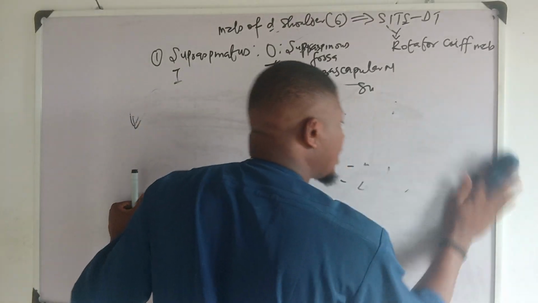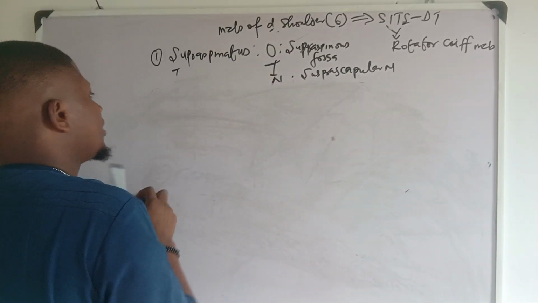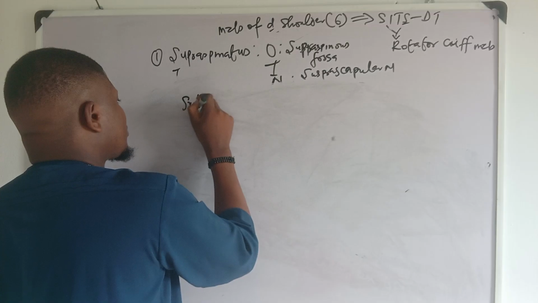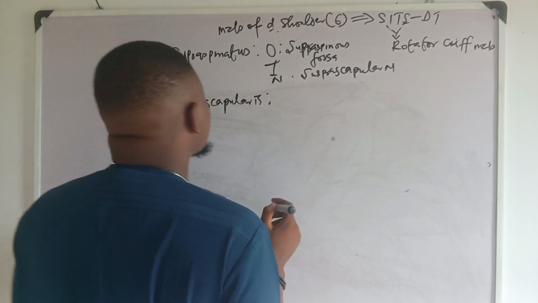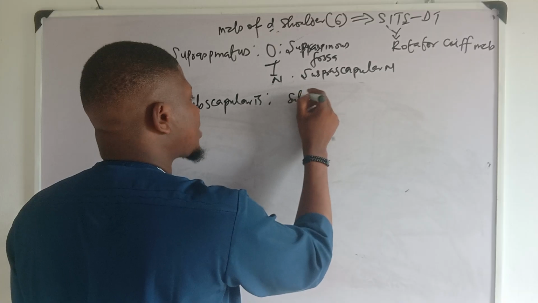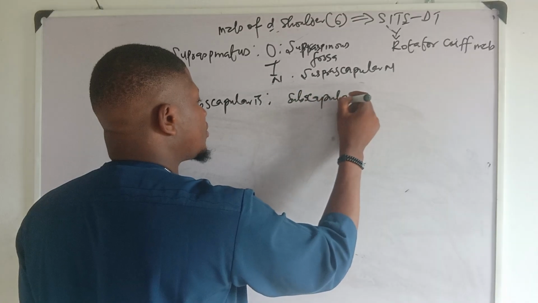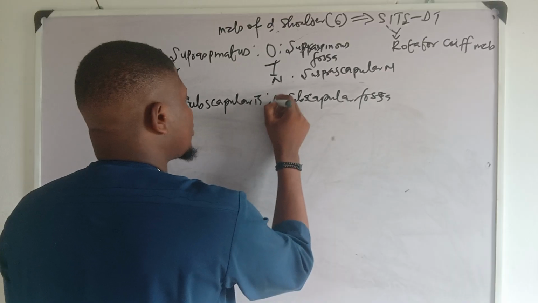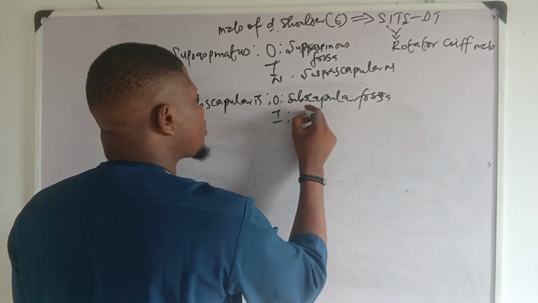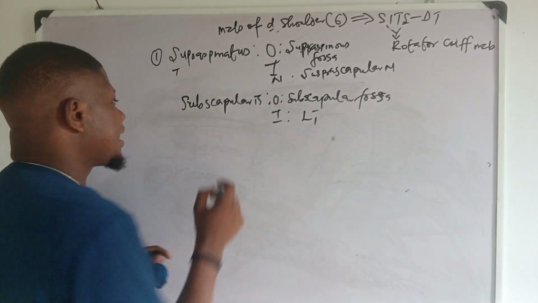Subscapularis, so its origin is the subscapular fossa. Its insertion, you already know, is the lesser tubercle. Then nerve supply.